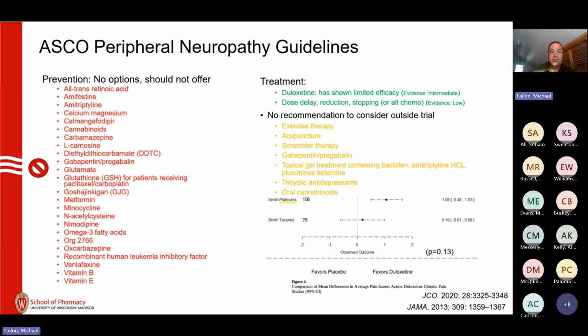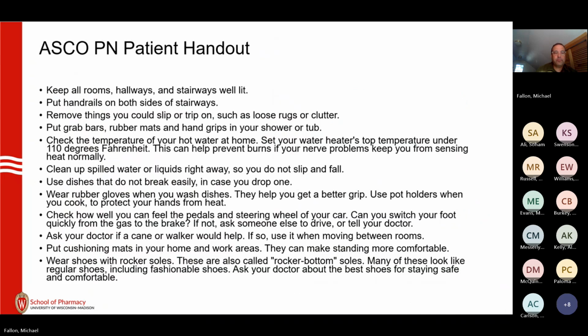Then the second strategy is dose delay, reduction, or stopping. That's sometimes used more, again, generally in the palliative setting, where FOLFOX might be stretched out a little bit. There are not great handouts for peripheral neuropathy.